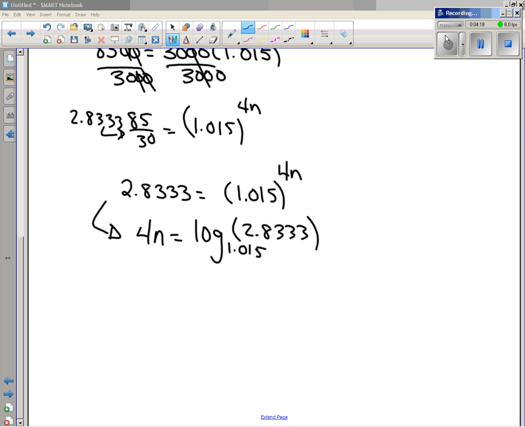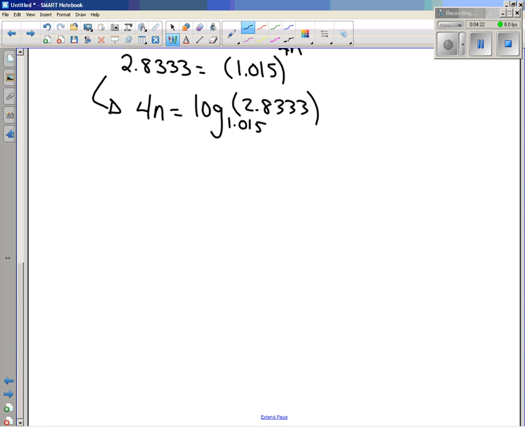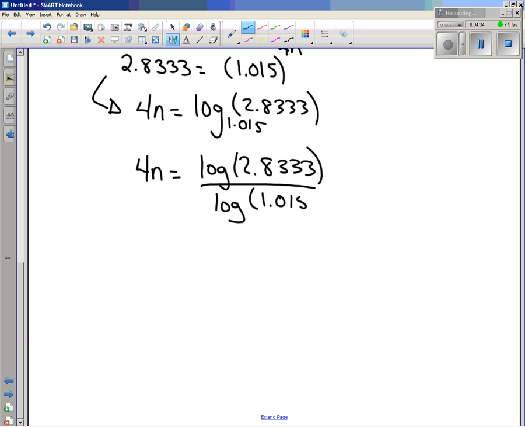We can switch that into logarithmic notation, which is going to give 4n equals log 2.8333 divided by log 1.015. So we can punch those into our calculators and get an answer for it.